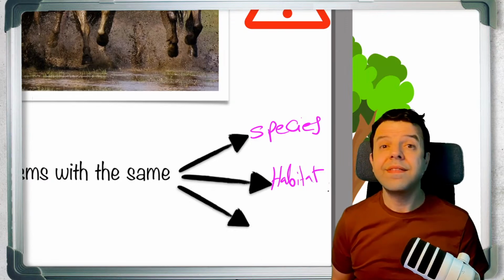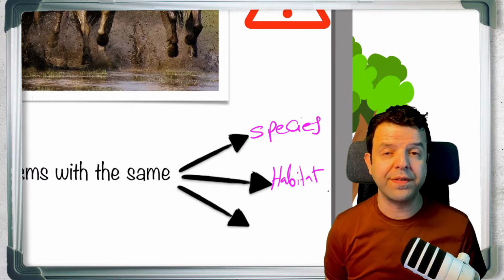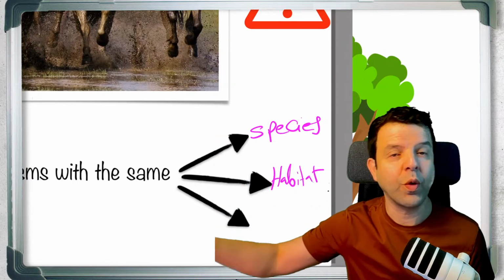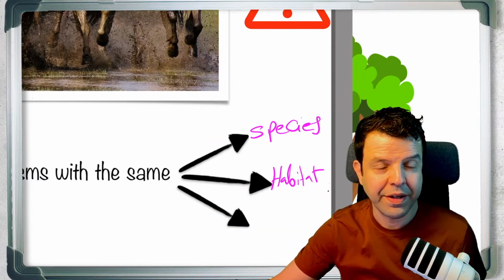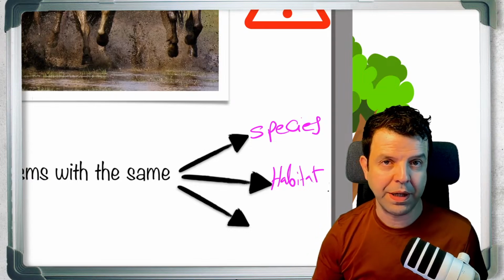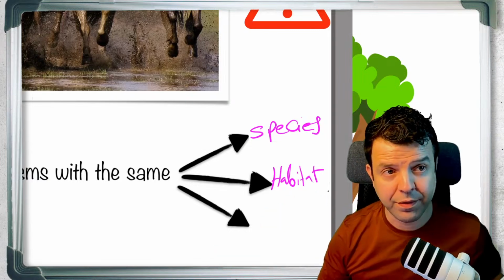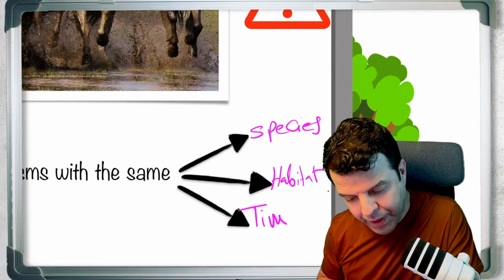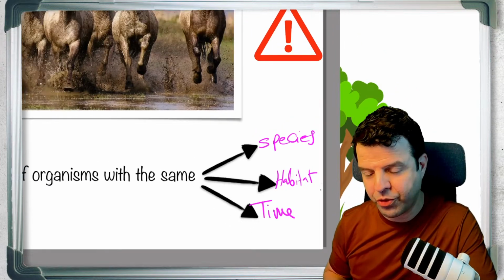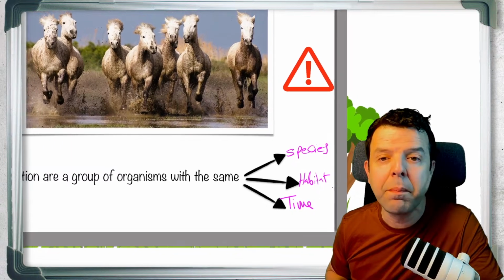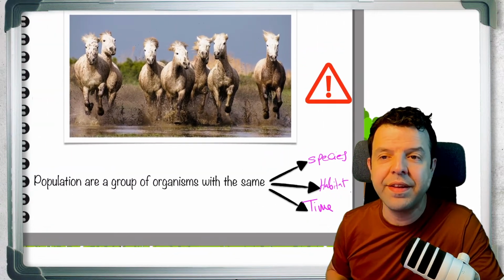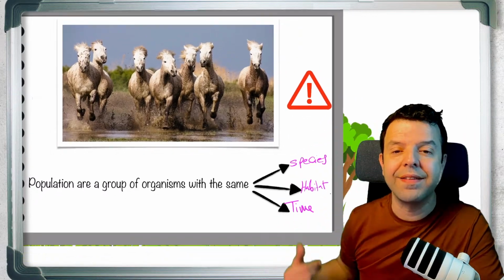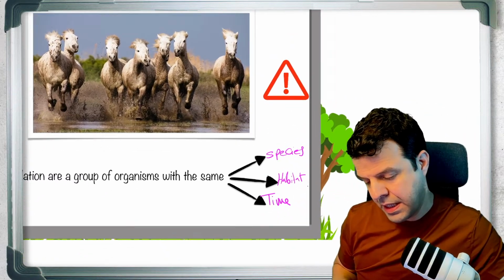Now, time is also an issue because humans living in this habitat where I live here are not all part of the same population, because some of them have passed away, right? So that is time. To be members of the same population, they must be of the same species, and live at the same place at the same time.